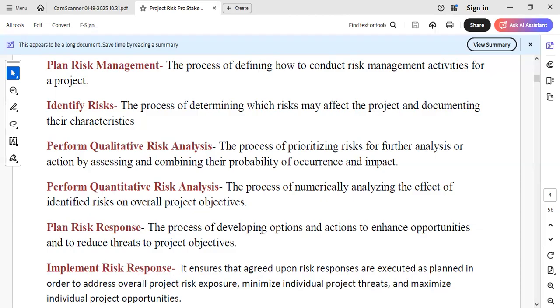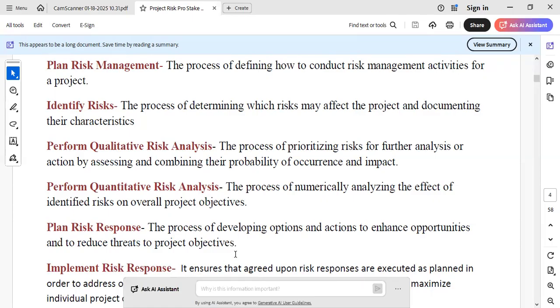Some risk may even bring 15% additional to your pocket or save you some cost if they may occur. These are positive risk. So we identify these risks, analyze them qualitatively and quantitatively.